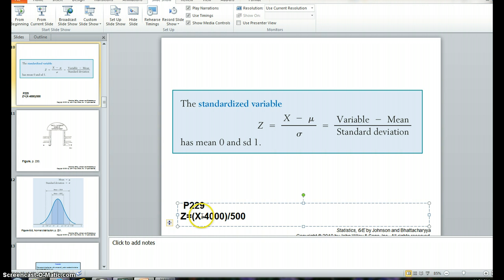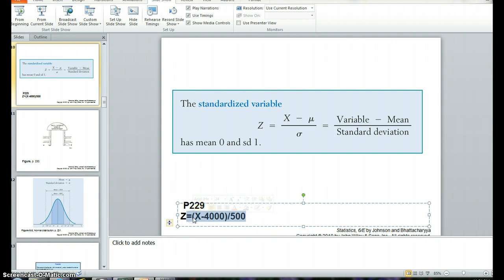It's like X is how much money she makes minus 4,000, so it's like the difference of this month from the average. They still have a dollar, and we divide by $500, and then the dollar kind of cancels out, so we have something without any units.